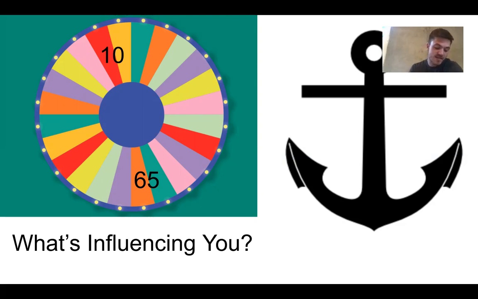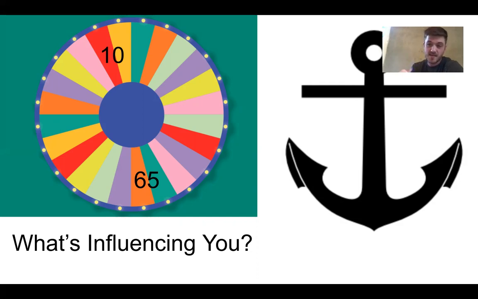And then they were asked, is the percentage of African nations among UN members larger or smaller than the number you just wrote? So obviously the participants know this number that I just got of 10 or 65 doesn't apply to UN members in any way, shape, or form.